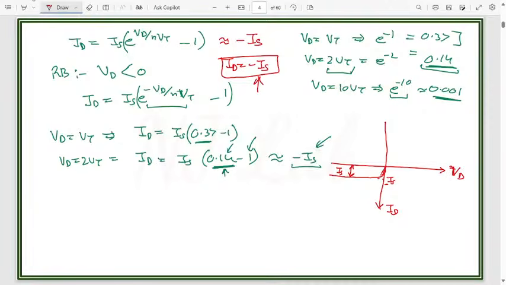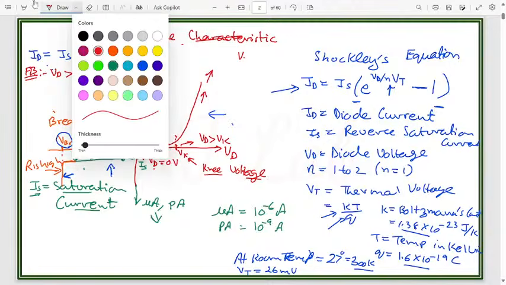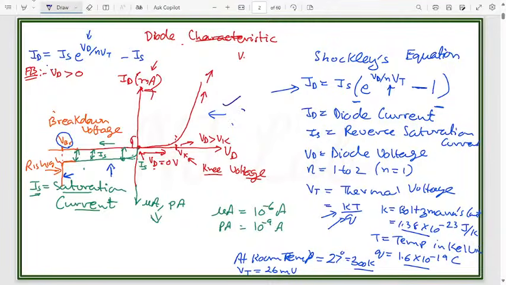So overall, we can conclude that this Shockley equation correctly represents the characteristic of this diode. This complete diode characteristic is represented correctly by the Shockley equation, right?